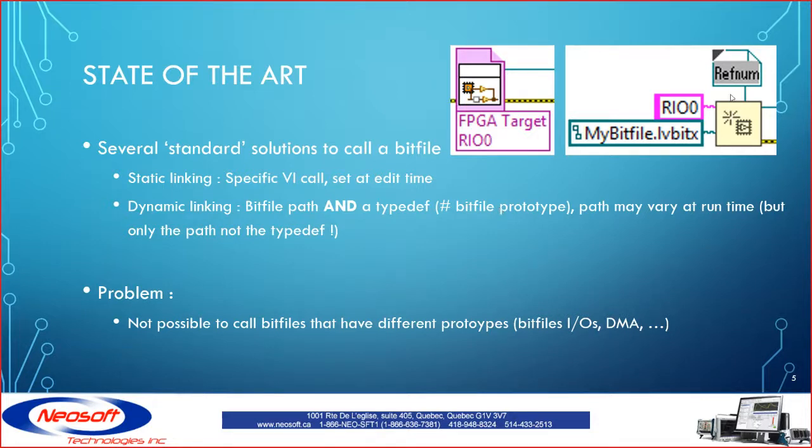It just fixes the IOs and DMAs that you are using within the bitfile, and it will be used to expose the IOs through property nodes and invoke nodes. So here the problem with that is still, what are the possibilities to call different bitfiles that may have different prototypes within the same application?